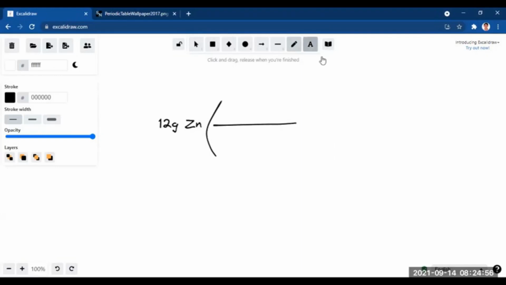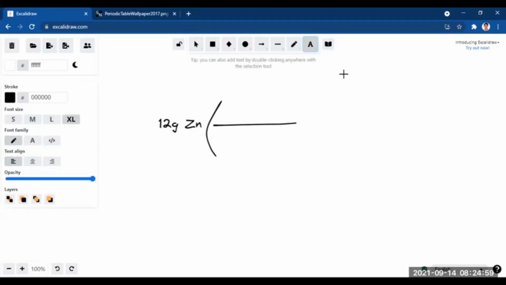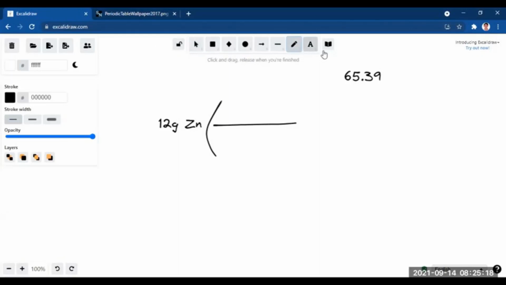From the periodic table of elements, we found that the atomic mass of zinc is 65.38, but in the example they use 65.39. So that is for the atomic mass. The unit of atomic mass is actually grams per mole.